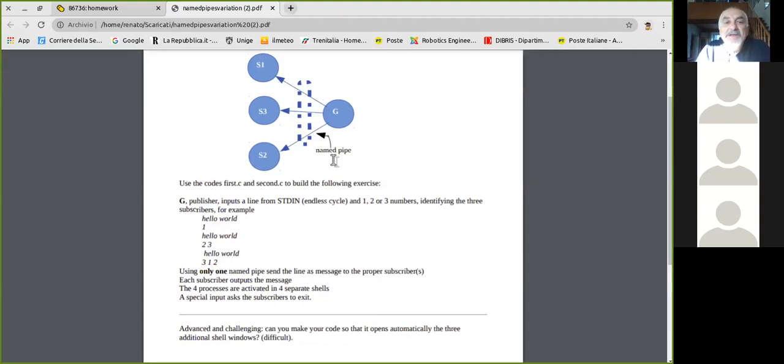So also in this case, you can open 4 shells and run all processes separately. That's a good feature, and another step towards the idea of testing the execution of single processes separately and not all together, using 4 separate shells.